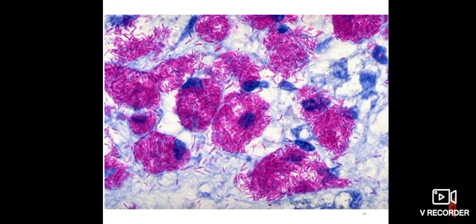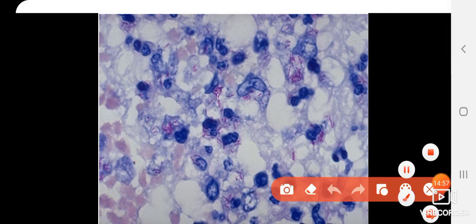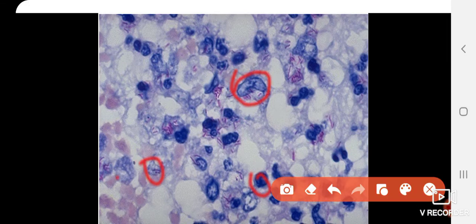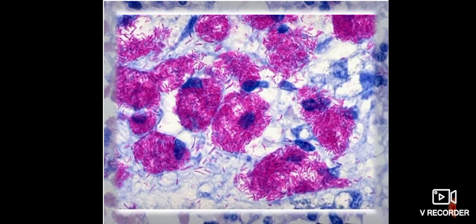In this photograph you can see these are all inflammatory cells present in the background, could be histiocytes or lymphocytes. And these pink rods which you are seeing are Mycobacterium tuberculosis. This will be taught to you in detail with sputum samples in microbiology. This is a tissue section.